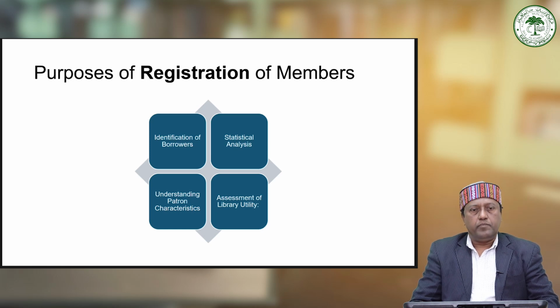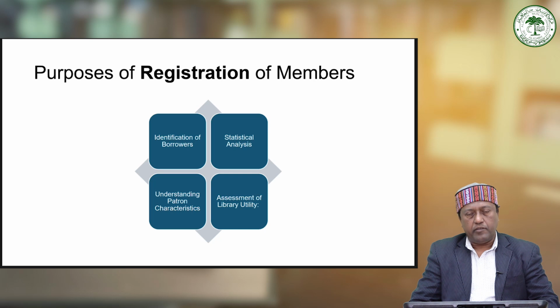Third most prominent purpose is understanding the patron characteristics. So registration also helps libraries in understanding the general characteristics of their patrons, including age, gender, occupation, and residential location, from which area these people are coming.